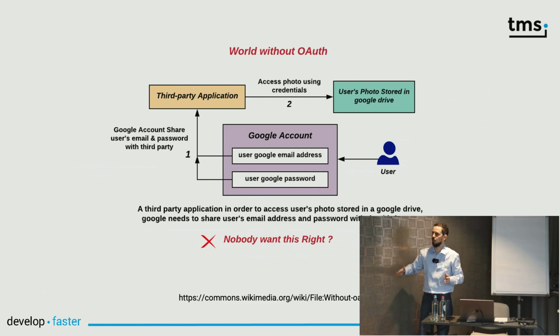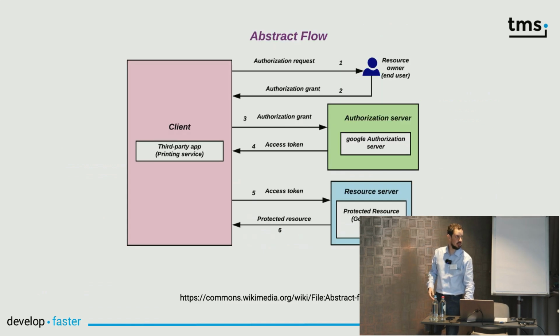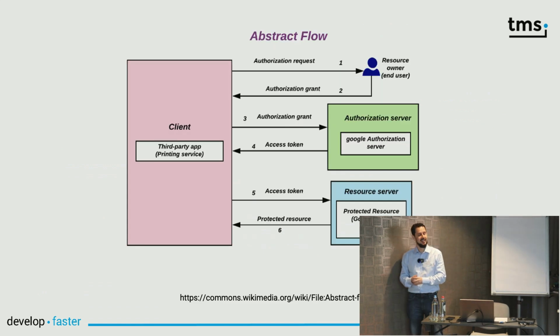Instead, you use this OAuth flow to go to Dropbox, log in, and say, give this application access only to view pictures and only in this folder and things like that. All right? So that's what OAuth came to solve.